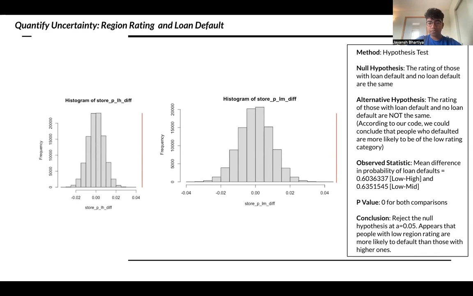For this, the observed statistic was 0.60 and 0.63 for the two comparisons, and the p-value was 0 for both comparisons. So we ended up rejecting the null hypothesis in favor of the alternative that people who are rated low have a higher probability of default than those who are rated higher.